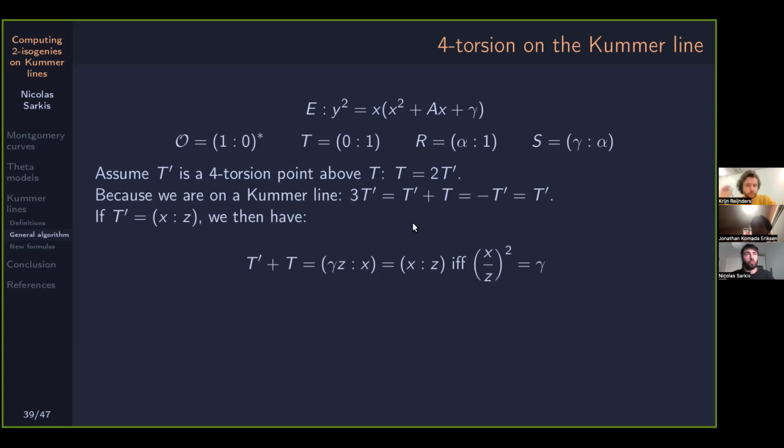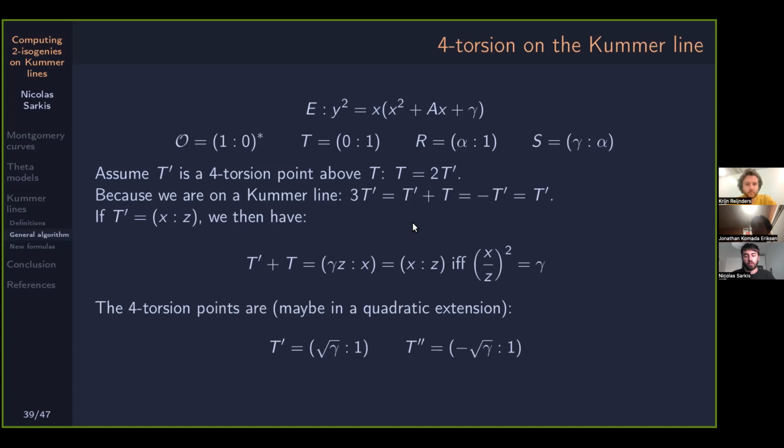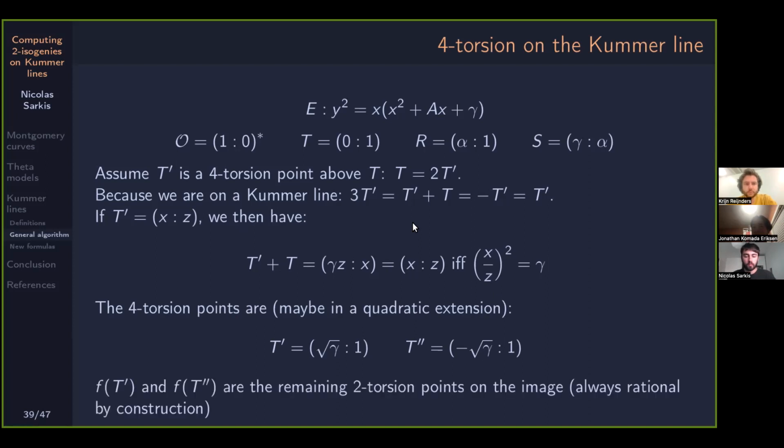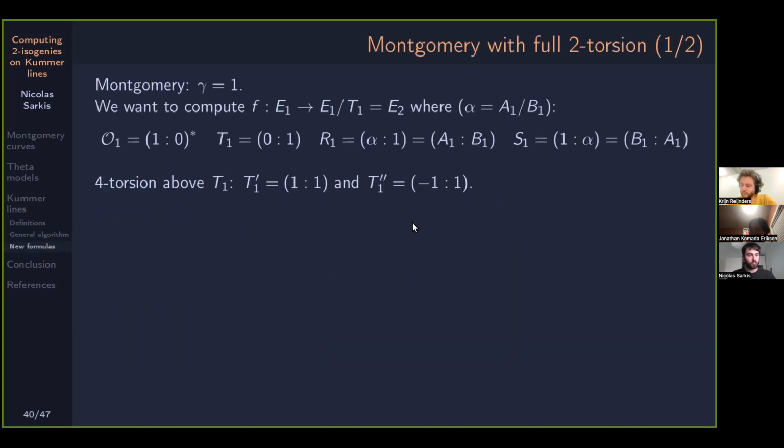So we can do chain equations like that, and you only find the 2 points that could be the 4 torsion points. And from that, because t prime and t double dash are above t, their images are 2 torsion points on the Kummer line, which will be the remaining ones.